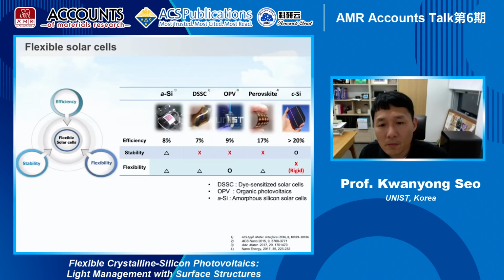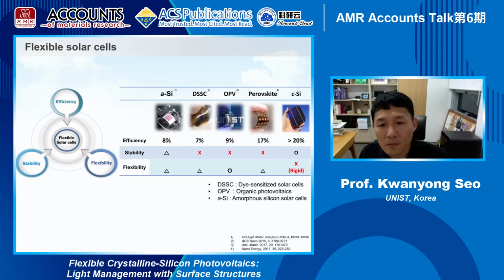So I think we have to consider three important categories for the flexible solar cell. The efficiency is the most important, the key parameter, and the stability is also important. And flexibility, of course, is very important.